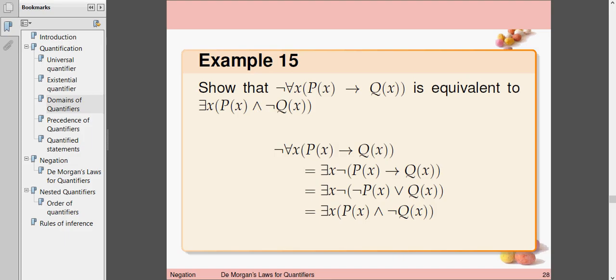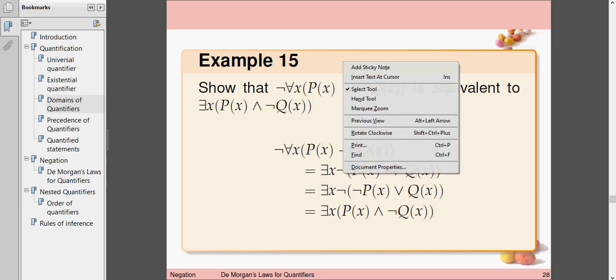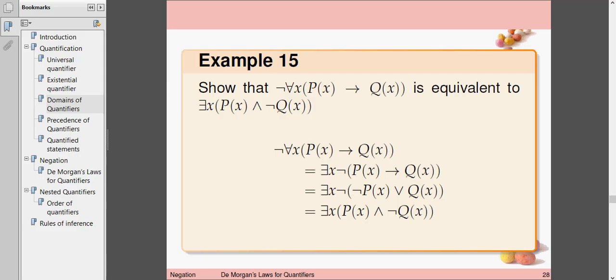I need to prove it. We have here the left side, we start with it. So not all x, B(x) gives Q(x). So here, by De Morgan, I can change it to exists x, B(x), not Q(x).